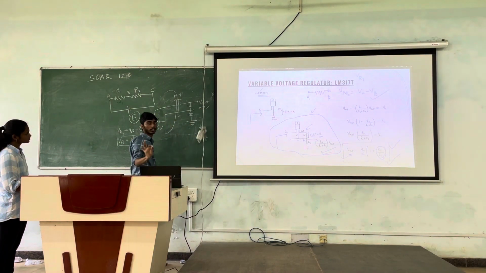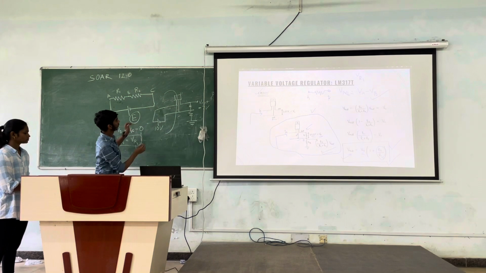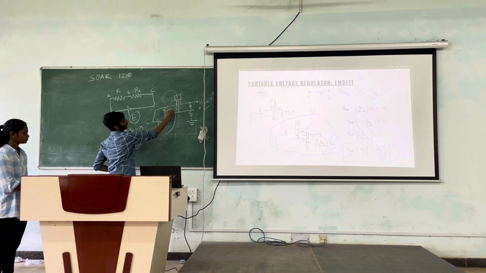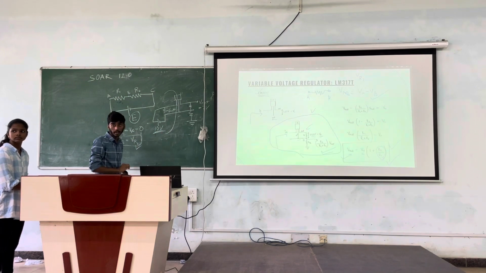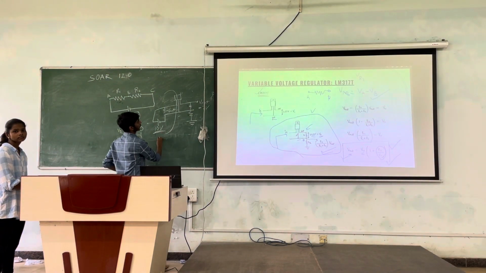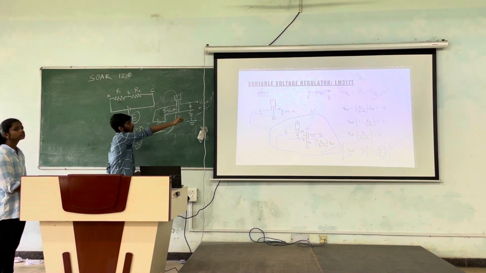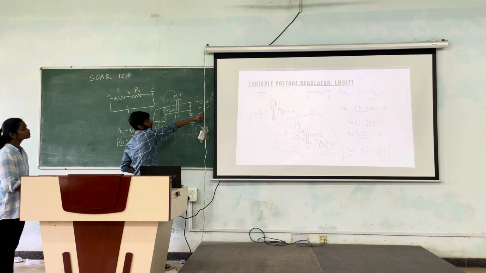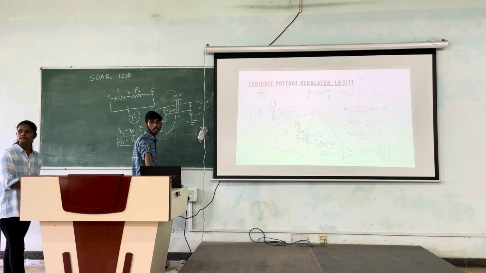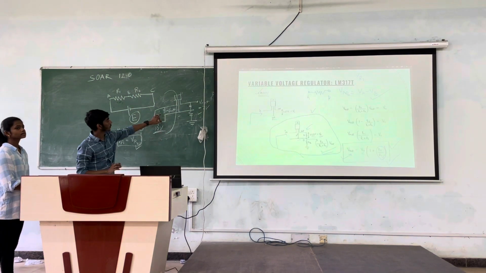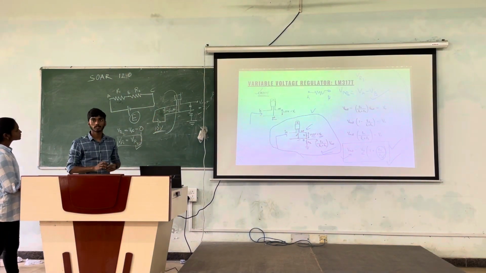So here we apply some input source to this side. Like we are applying 10 volts here, so we'll get the corresponding output, and this is fixed, and this depends on this resistor combination as we saw in this equation. So this port is used for the input side.